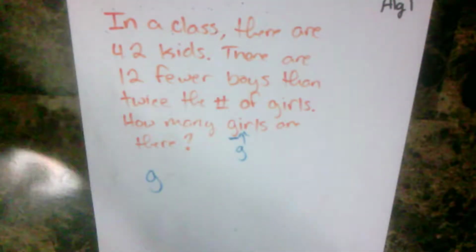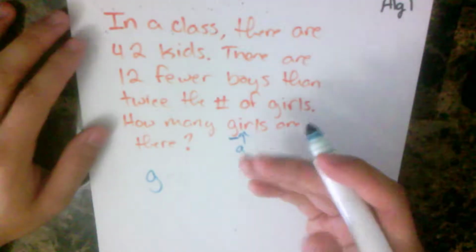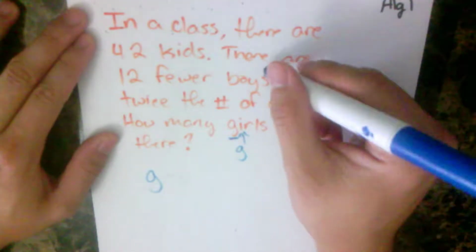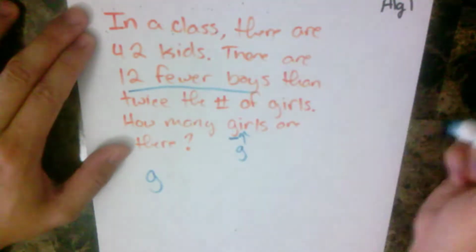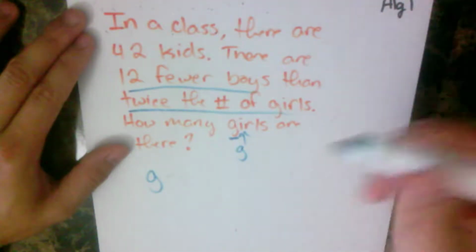Instead, you're going to label your boys in terms of girls, and they gave you all the information you need to do this. We don't know how many boys there are, but we know that there are 12 fewer boys than twice the number of girls. Let's translate that.